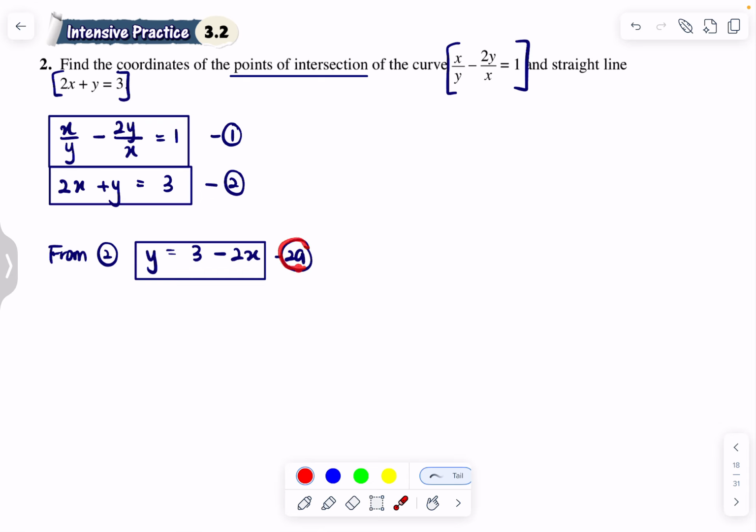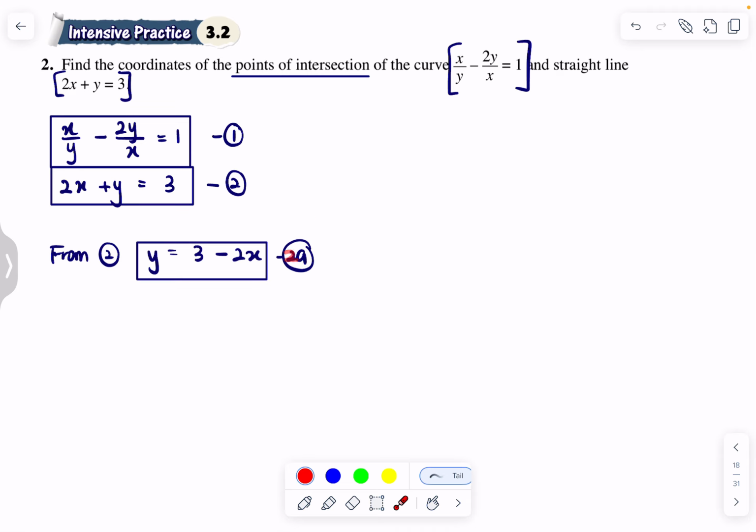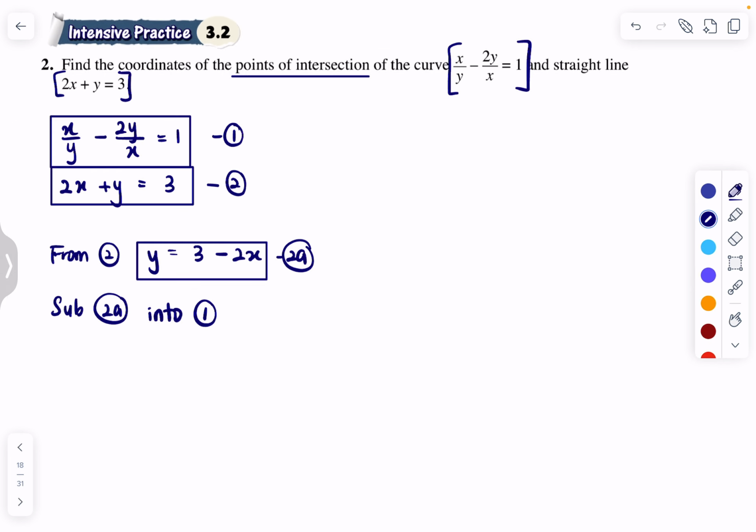So when you rename it 2a, you must know that you can't substitute this equation back into 2. You must substitute inside 1. So we substitute 2a into equation 1.